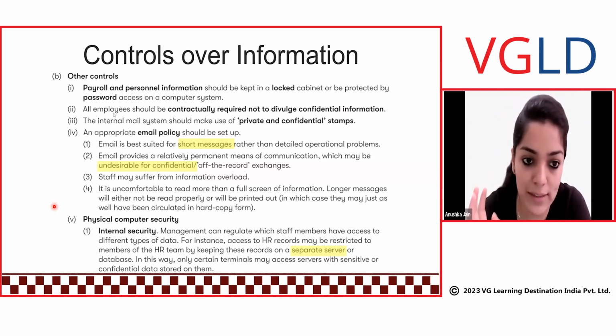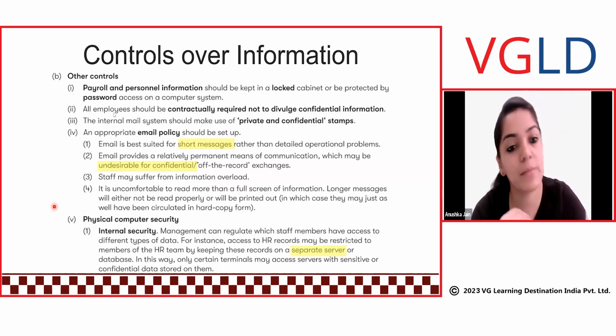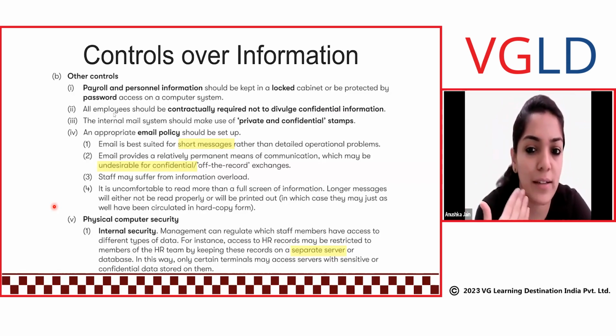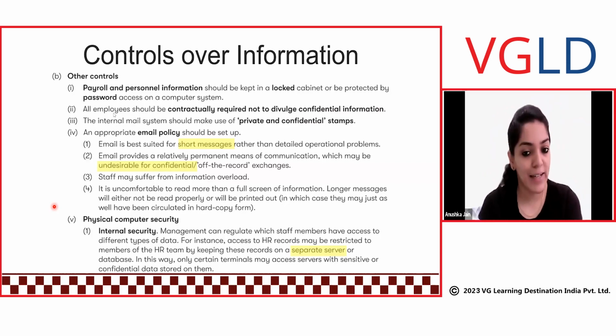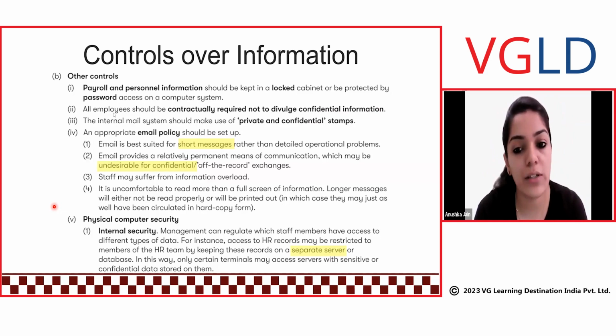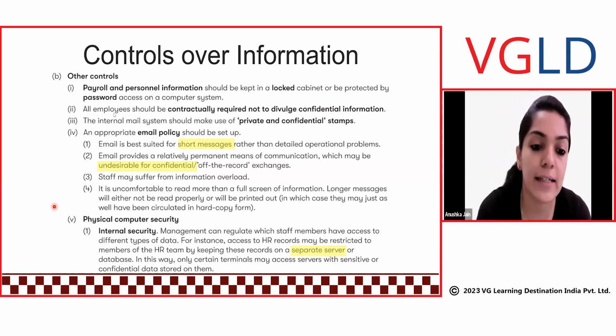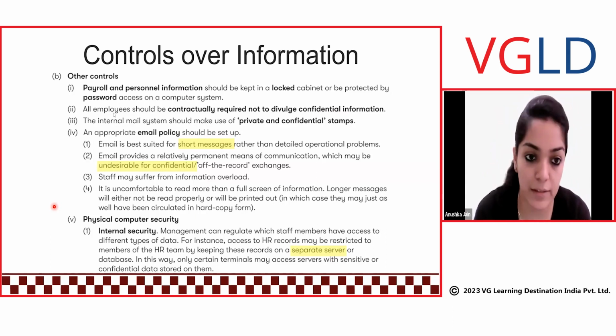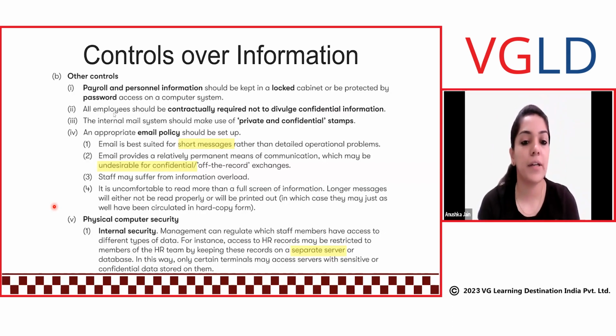One screen, two screens you can read, but more than that, it becomes a little difficult to retain the information and understand it. That is why, if it is very long, you could actually print the details and send it across. So these are the controls which need to be put in place with respect to emails. Okay.